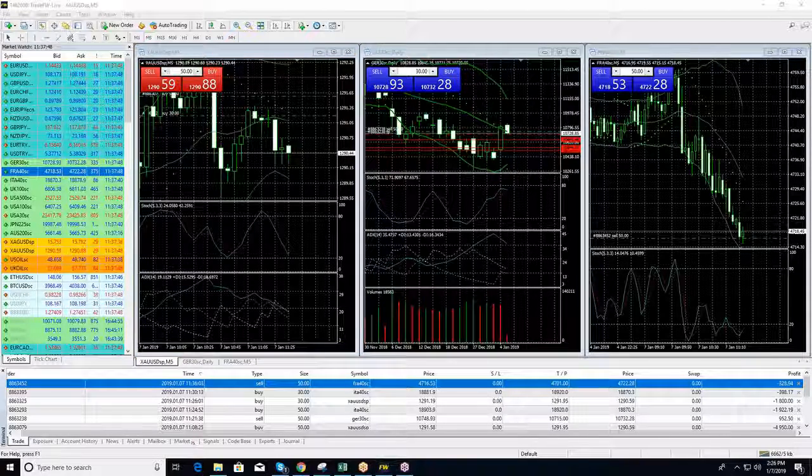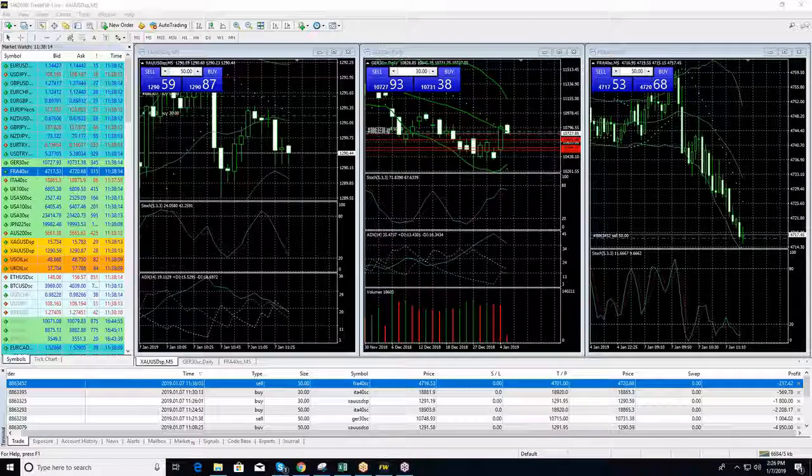So on France 40, I am short. I opened that position at 4,716.53. And my take profit on this position is at 4,701.